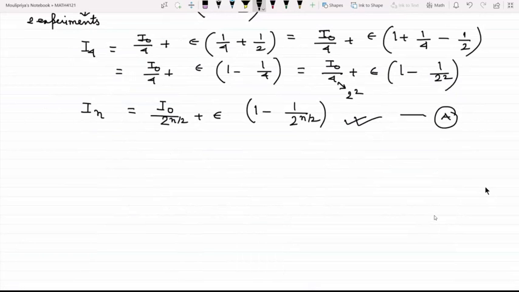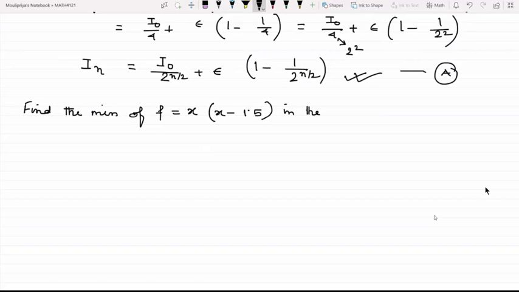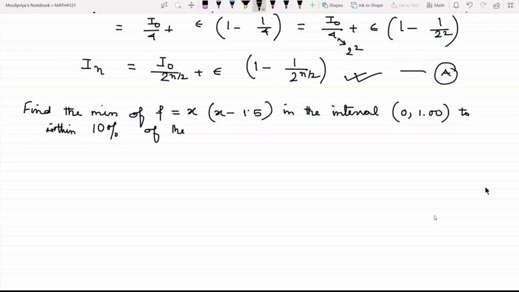Now, dichotomous algorithm, the questions can also be formed as, say the question says, find the minimum of f equal to x times x minus 1.5 in the interval to within 10% of the exact value.